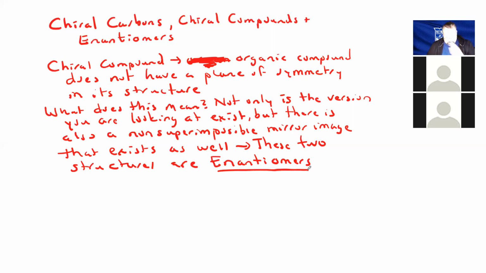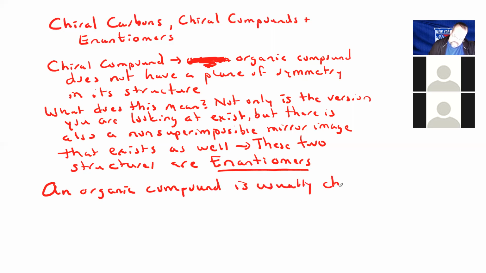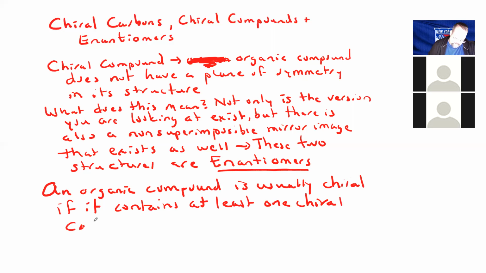Now, one of the good things about telling whether an organic compound is chiral or not is that we don't necessarily have to go looking for planes of symmetry. It turns out that an organic compound is usually chiral if it contains at least one chiral carbon.